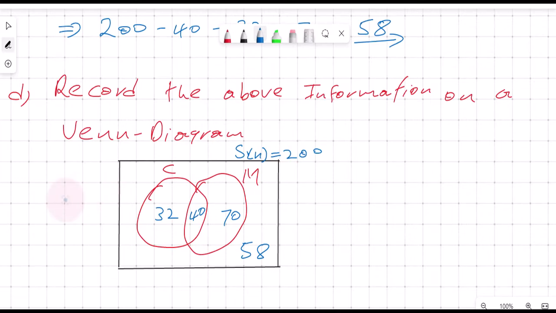What is the probability that a person chosen at random will like milk or cream? Let's write it down.